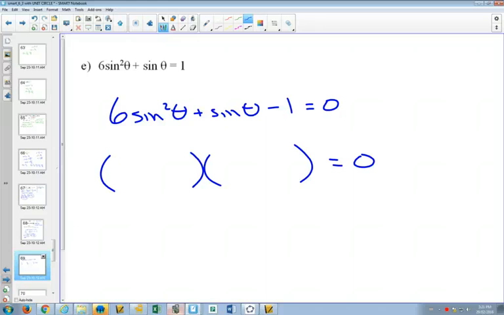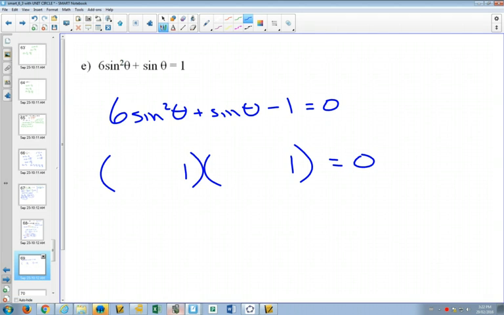When you go to factor this one, since 6 can be 2 and 3 or 6 and 1, I would probably start by putting 1s here because I know that's the only way I can multiply to get 1. Then when I think about what needs to go for my first terms, I'm also thinking my outside and my inside have to equal 1.